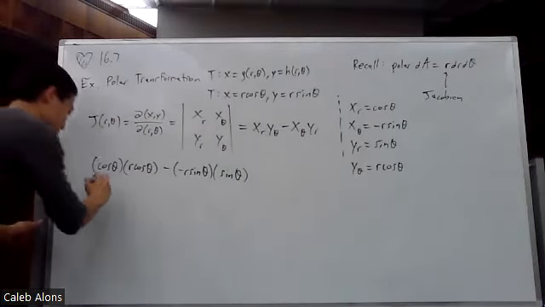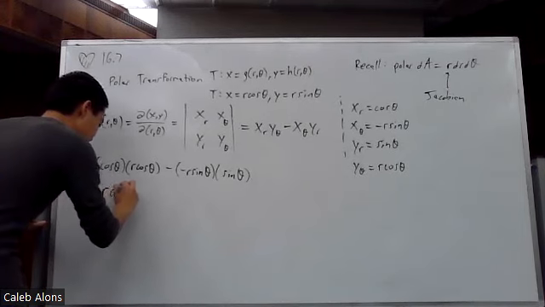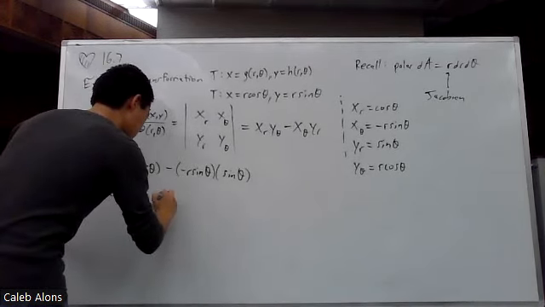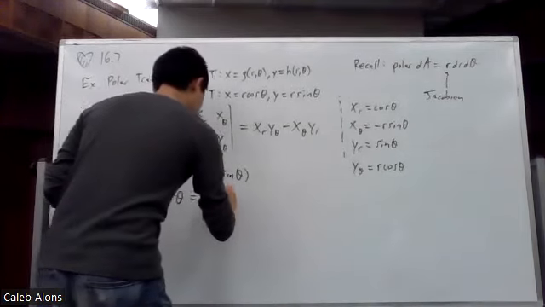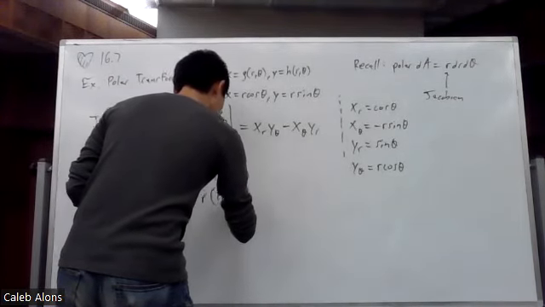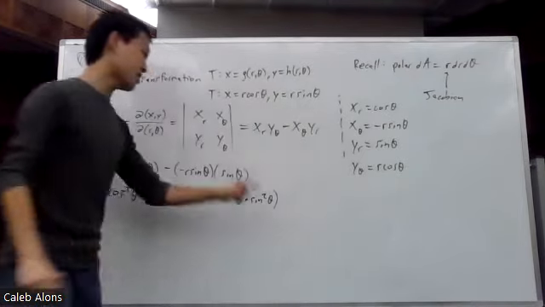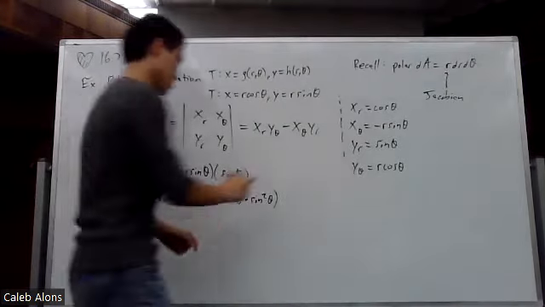And as far as I'm concerned, this gives you r cosine squared theta minus minus, so plus r sine squared theta. And if you factor out the r, you get r times cosine squared theta plus sine squared theta. What does cosine squared plus sine squared give you? One.